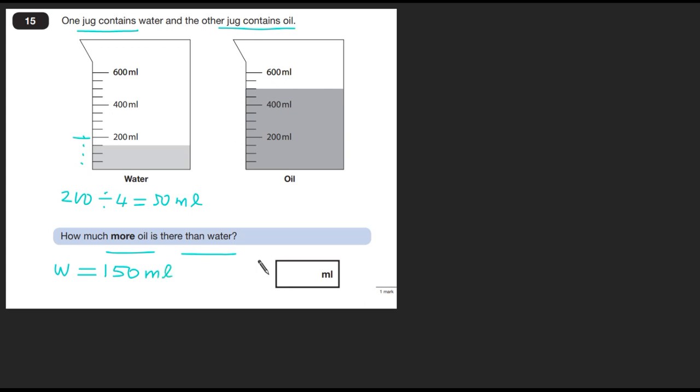And now the oil goes 50, 100, 150, 200, up to 400, 450, 500 milliliters. So now the question is 500 take away 150. The answer is 350 milliliters. So 350 is the correct answer.